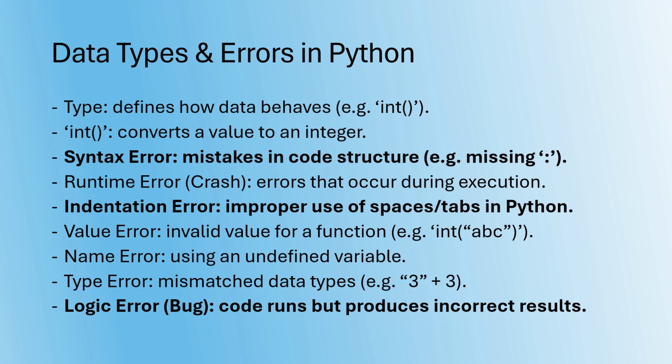Other things that are important that I'll mention is something like an int. When you want to turn a value into an integer. A runtime error, more commonly heard of as a crash, is an error that occurs during the execution of the code. A value error is an invalid value for a function, example given. Name error, using an undefined variable, you haven't assigned it a value. And a type error, mismatched data types.